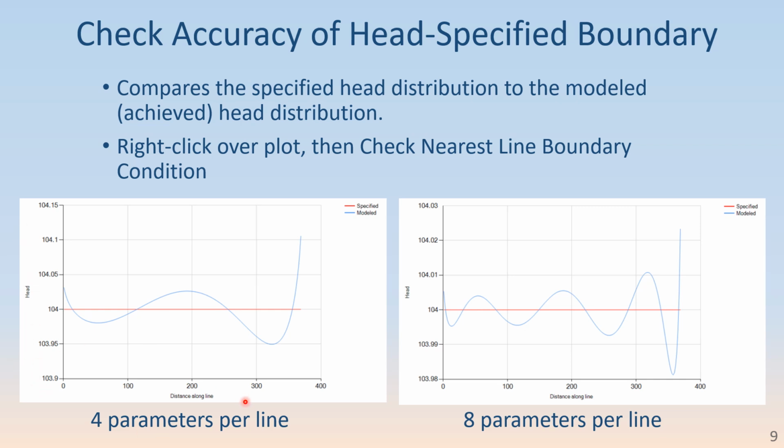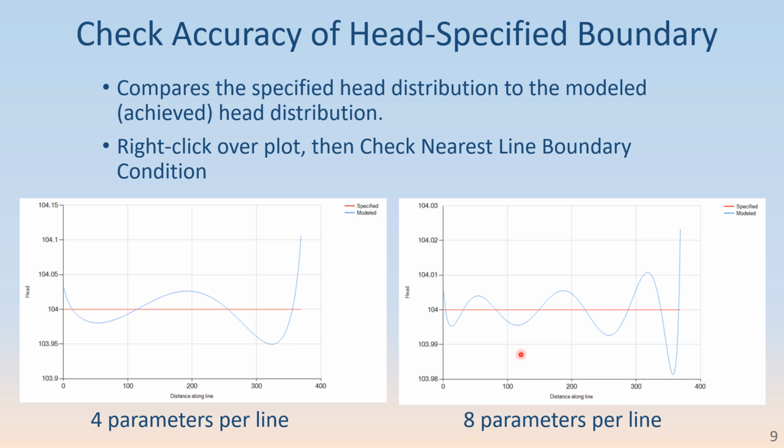And you can increase the accuracy of your boundary condition representation by going to more parameters per line. The other way to do that is to break your boundary into more line segments, which packs more control points in than longer line segments. And I typically, like I said, use somewhere between 2 and 6 parameters per line, 2 to 4 most commonly, and then adjust my vertex spacing to achieve a reasonable level of accuracy.